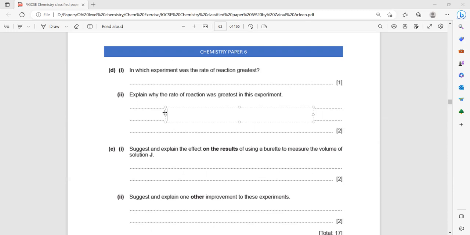So 1 mark is because it was a high temperature. And what is the effect of high temperature? The particles will have high speed, or there will be more collisions, or there will be a greater proportion of the molecules which have energy more than the activation energy.